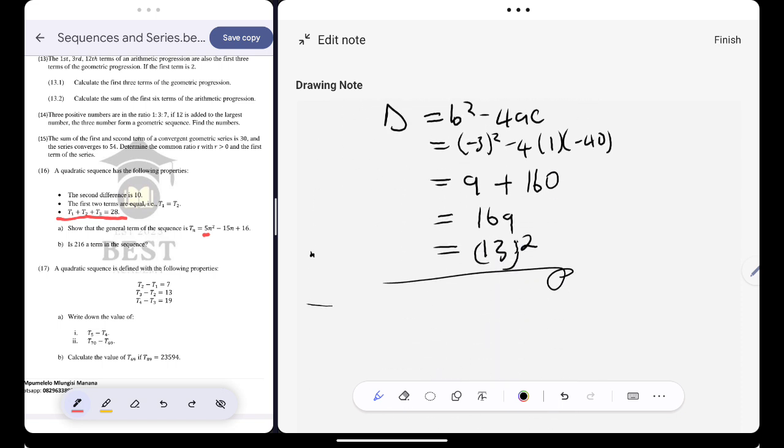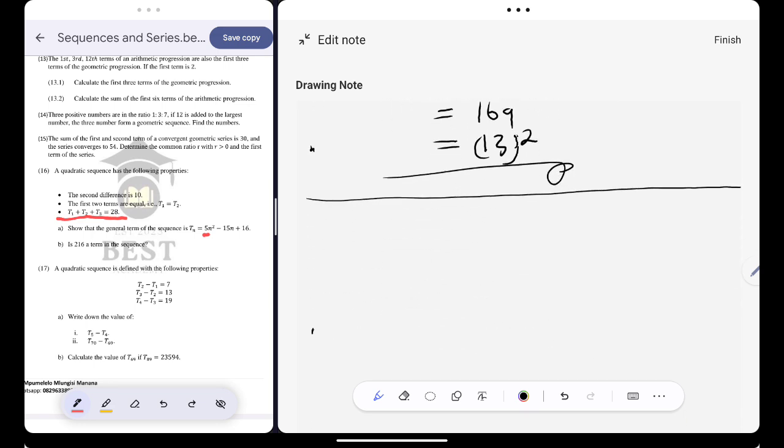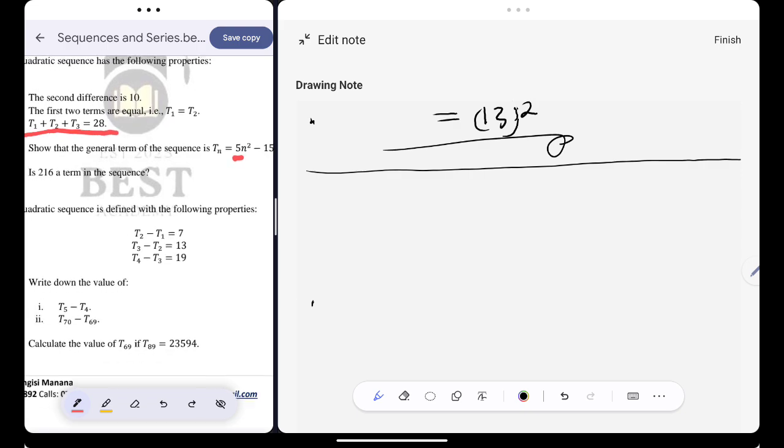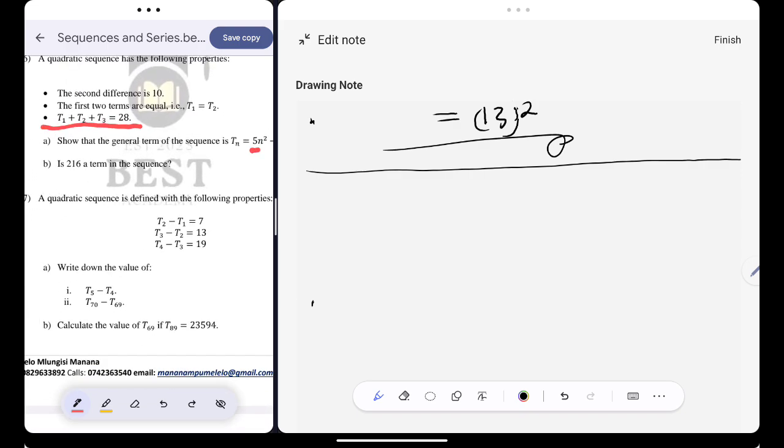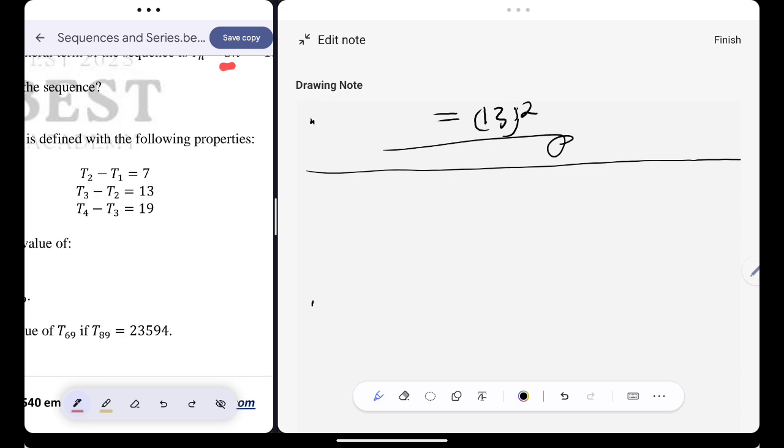Let's do the second one. We are given a quadratic sequence. We are told that a quadratic sequence is defined with the following properties. We don't know the first term, right? But we know that to find the first term of the first difference, you must say t2 minus t1, and that will give you 7.